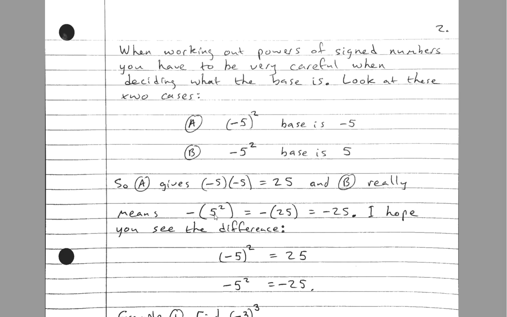So it's really 5 times 5. But don't forget about that minus out front. This minus here really means the opposite. So we need the opposite of 25, which just means switch the sign, so that's -25.